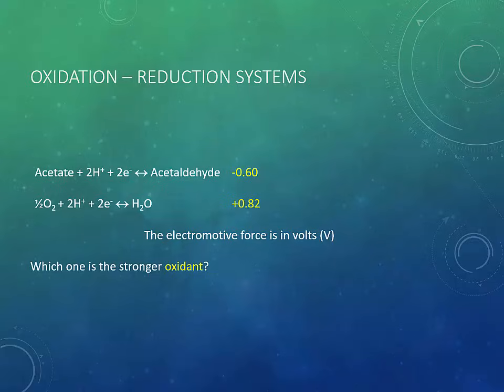So we can look at this and determine the stronger oxidant, the one that wants to pick up electrons, the one that wants to become reduced, has the most positive value, whereas the stronger reductant has the most negative value. Now, that does not mean that the reductant will necessarily have a negative value. It may, but remember, this has to do with the context of the redox pair. It is simply the most negative is the reductant, the most positive is the oxidant.